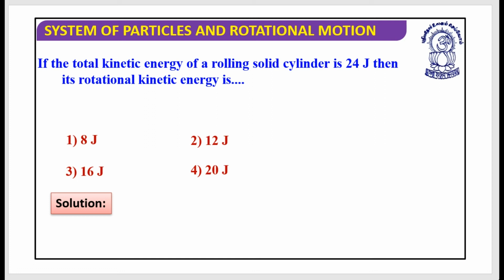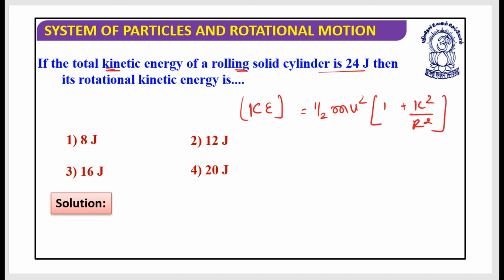It says that if the total kinetic energy of a rolling solid cylinder is 24 joule, then what is its rotational kinetic energy? How will you do this? What I understand is that total kinetic energy would be equal to half mv square into bracket 1 plus k square by r square.